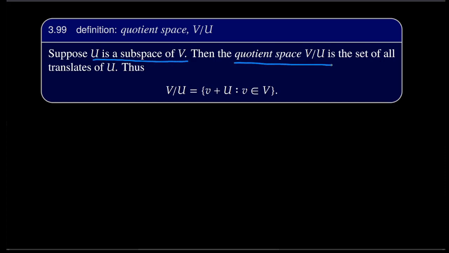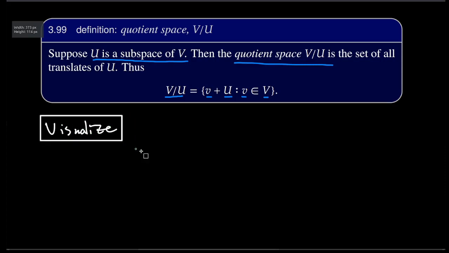then the quotient space, which we'll write v over u, like a quotient, is the set of all translates of u. It is just the set of v plus u, where v is a vector in v. So, to visualize, this is kind of what we're looking at.